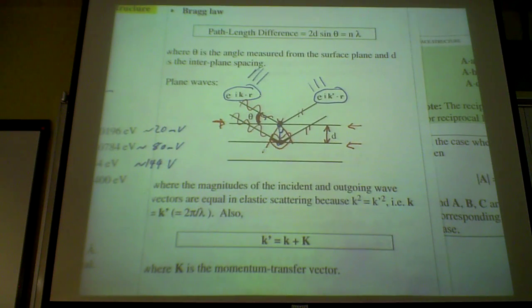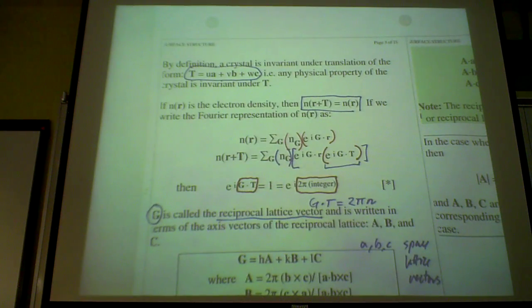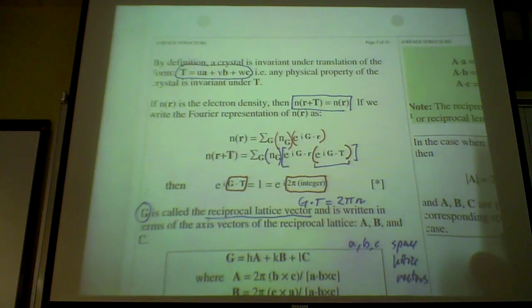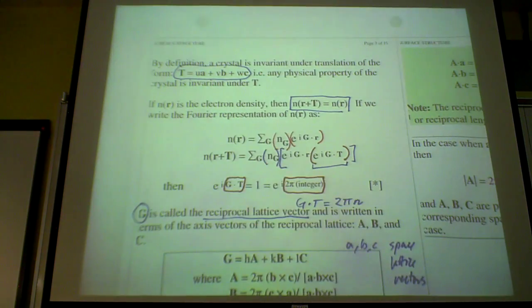That's why the momentum transfer vector or momentum vector is like a reciprocal space vector. And here we're talking about a lattice based on these reciprocal space vectors. So let's look at it a little bit closely, because this is a kind of fundamental concept, and it's a little bit tricky, since you have to think in terms of inverse space or reciprocal space.